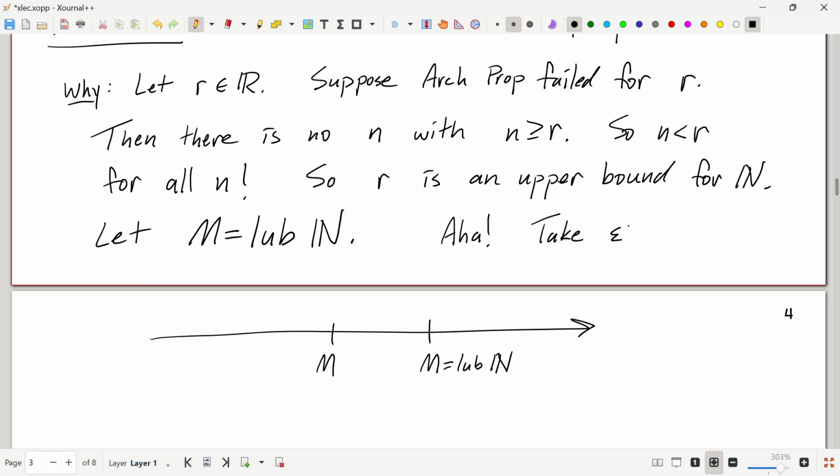I've got to take epsilon to be something. That's going to give me an n in my set, which is the natural numbers. This is going to be m minus something. I shouldn't take epsilon to be 1,000. I maybe could take it to be a half. That would be fun. A half would be really good. I'm going to take it to be equal to 1.